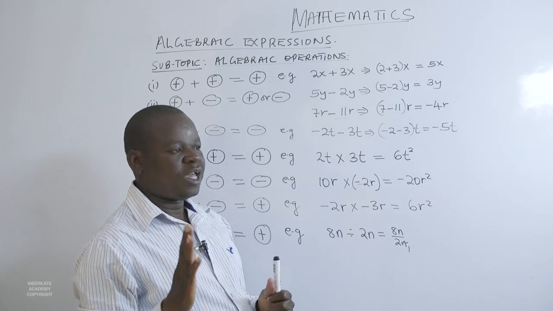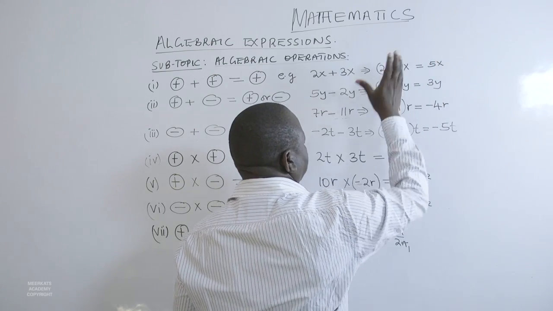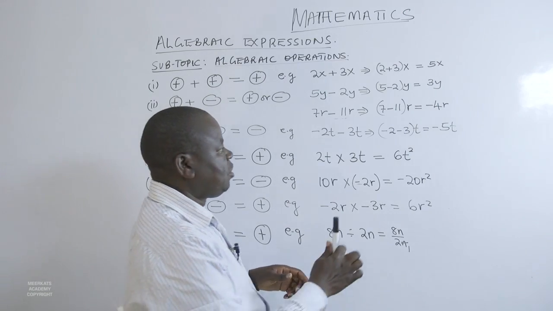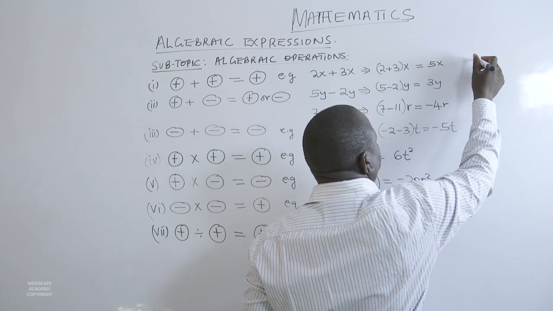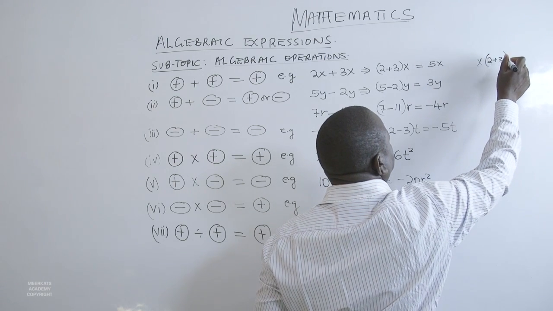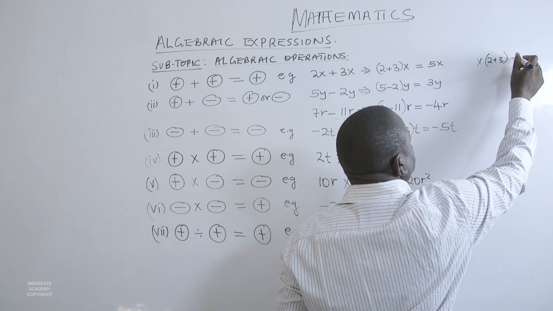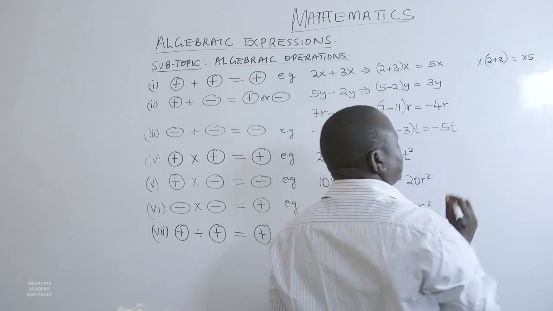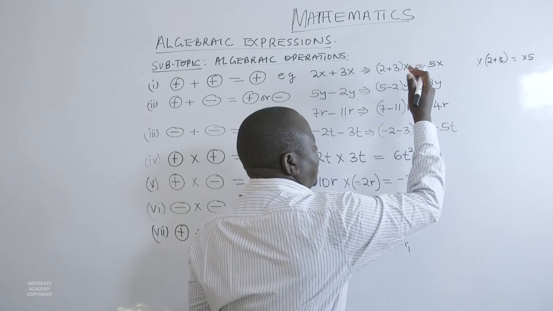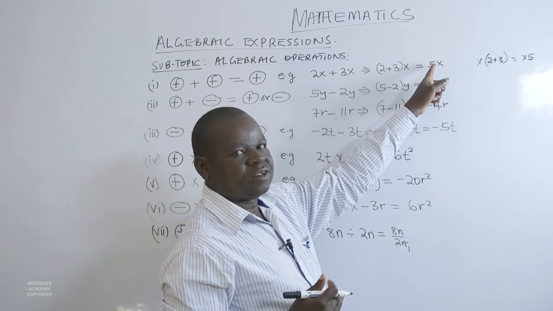And we have carefully placed x on the right-hand side so that we don't confuse when we are multiplying, like if I had x into 2 plus 3, we can easily confuse and write this one as x5. So we put x at the extreme end so that when we open the bracket, we read it as 5x.